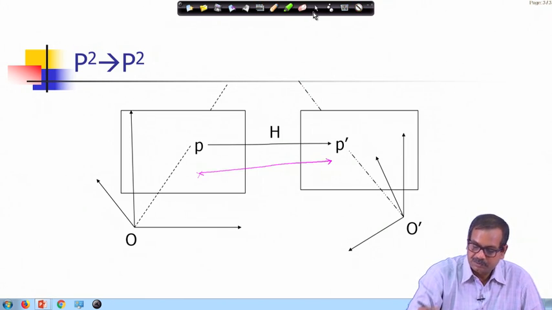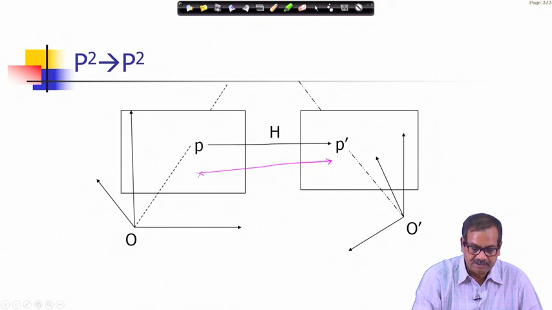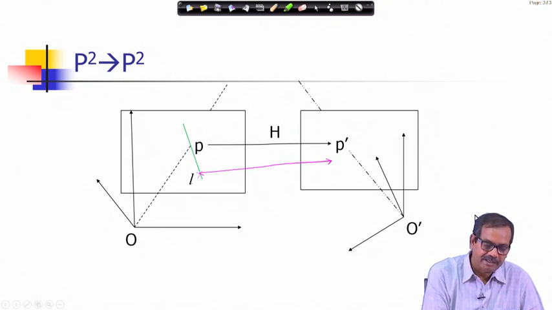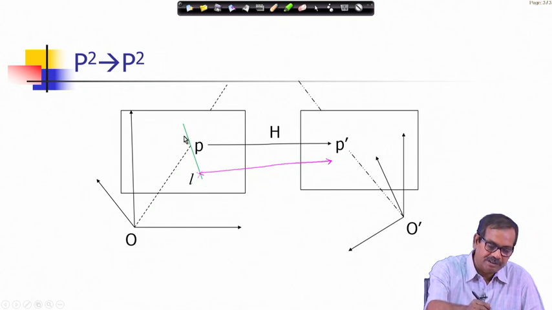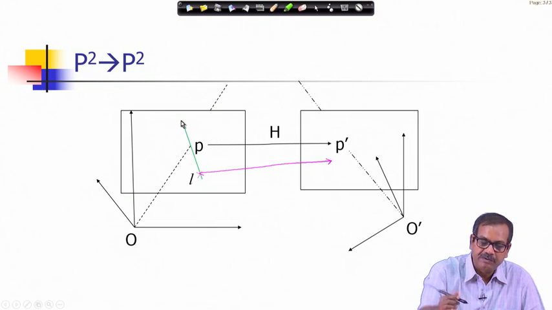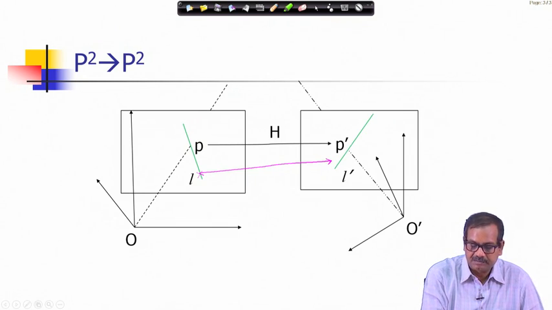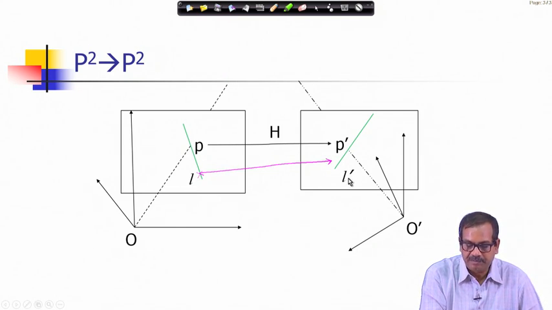To summarize this property, we can also say that if there is a straight line and points lie on that straight line, then if we map them, they will also form another straight line, and all the mapped points will lie on it. So, we can say there is a mapping from straight line L to L prime under this transformation.